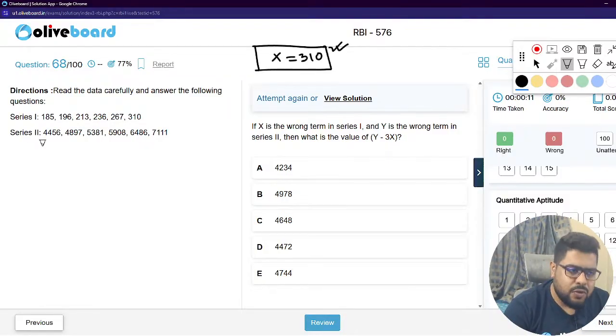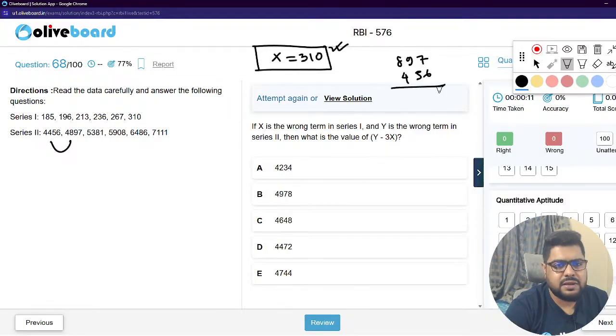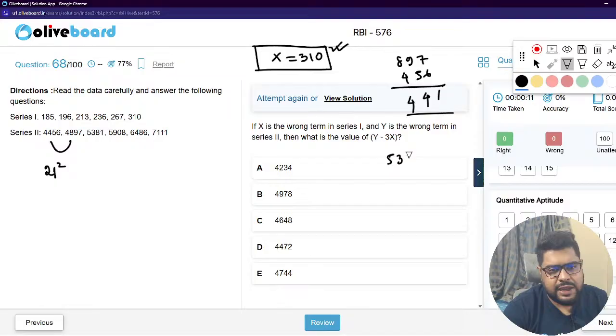Now, what about series 2? Okay, let's calculate again, sir. 897 minus 456. This is sir 4. 21 square. Correct? Acha. 5381 minus 4897.